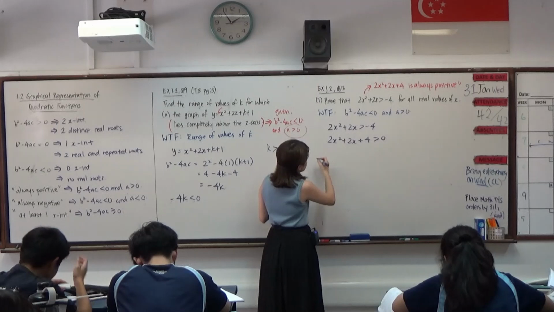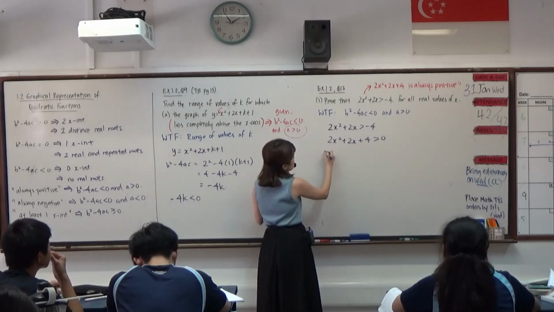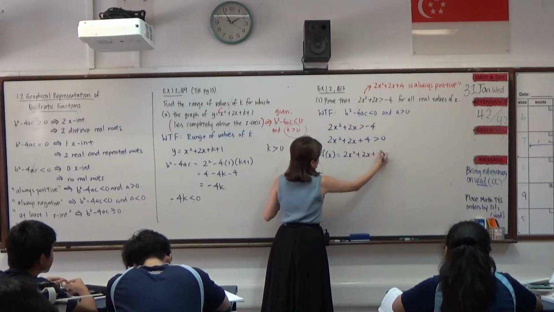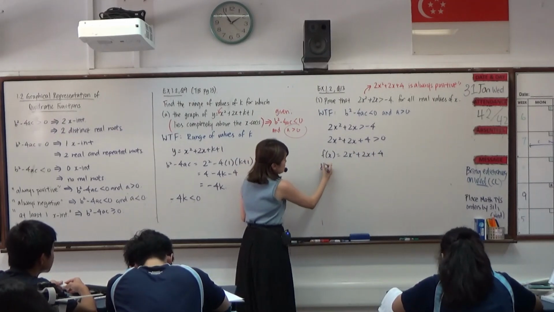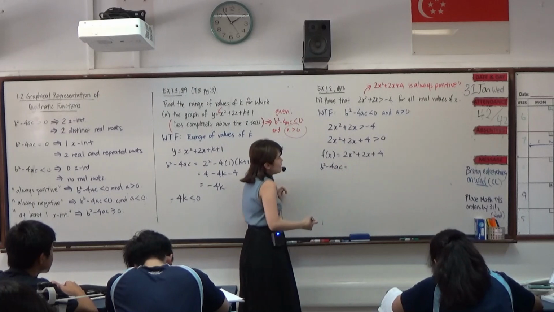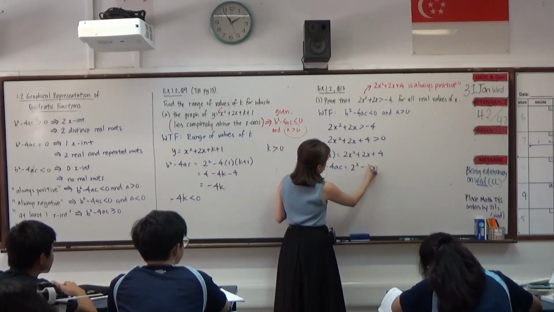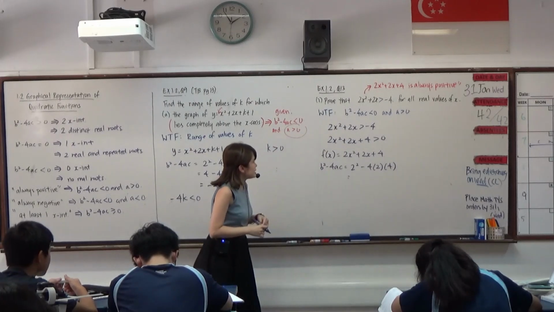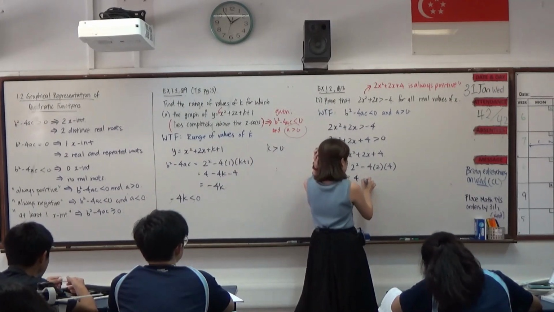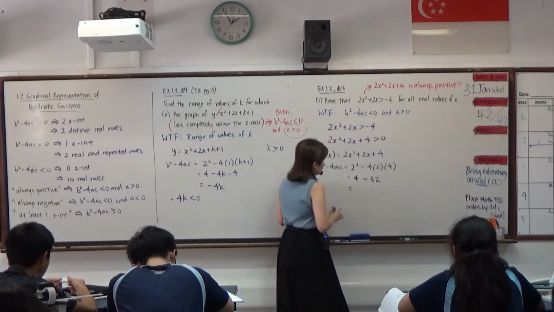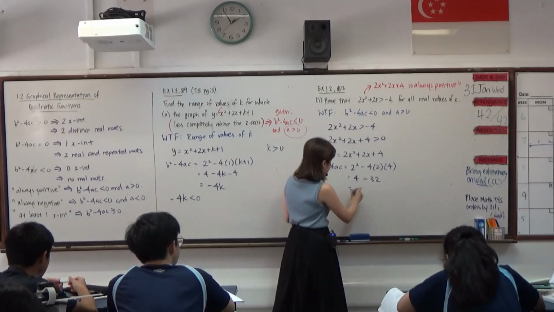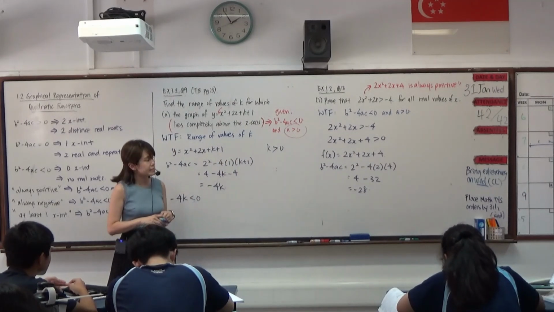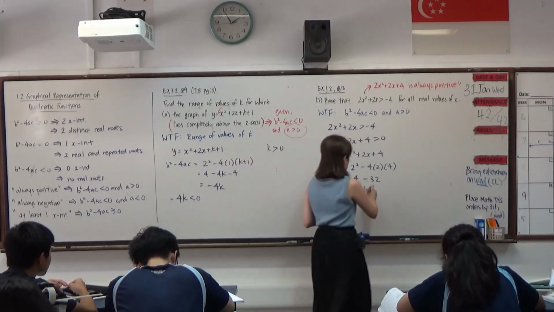In this case, the function that we're referring to, I'll use f(x) to name the function. Our discriminant is actually b squared minus 4ac. In this case, that is 4 minus 16 times 2, which is 32, and that is negative 28. So we can find that the discriminant is a value, negative 28.